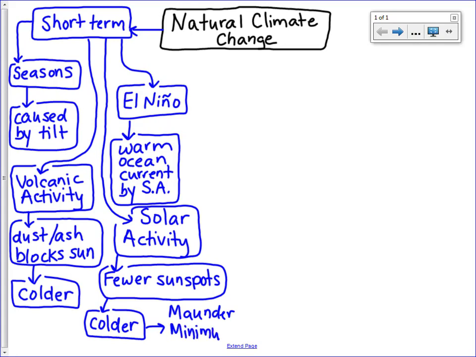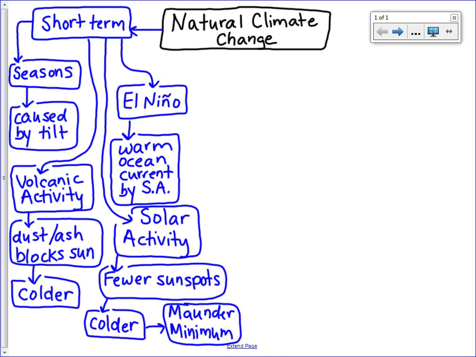Maurice was the scientist that first came up with this connection between sunspots and climate, so they named this idea after him. Maurice Minimum would be very few sunspots, and this was a time in history, in the 1600s, I believe, during which it got very, very cold because there were very few sunspots. 1645 to 1716, there were very, very few sunspots, and it was called Maurice Minimum, or the Little Ice Age.